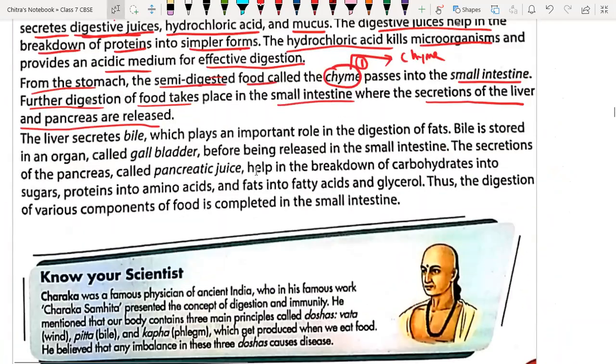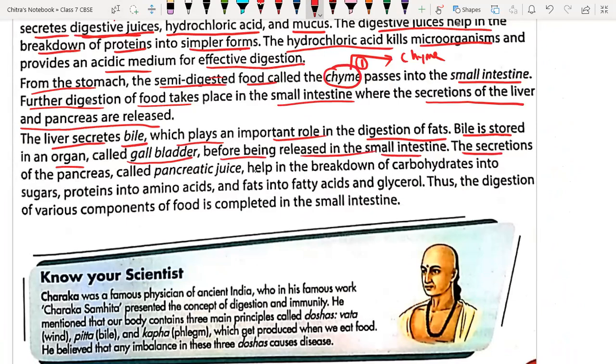Now we have to go through the theory part. The liver secretes bile juice, which plays an important role in digestion of fat because it contains enzymes which are used to digest the fat. Okay, then bile is stored in the organ called the gallbladder before being released into the small intestine.